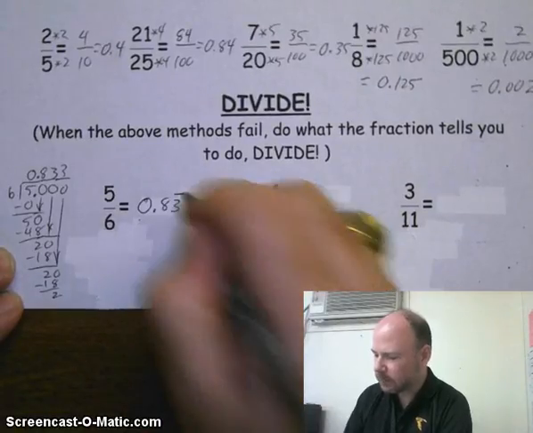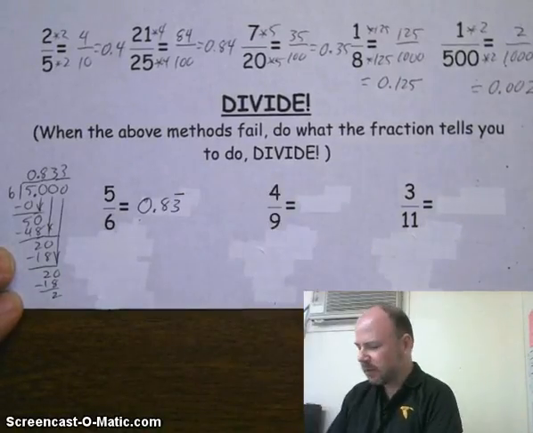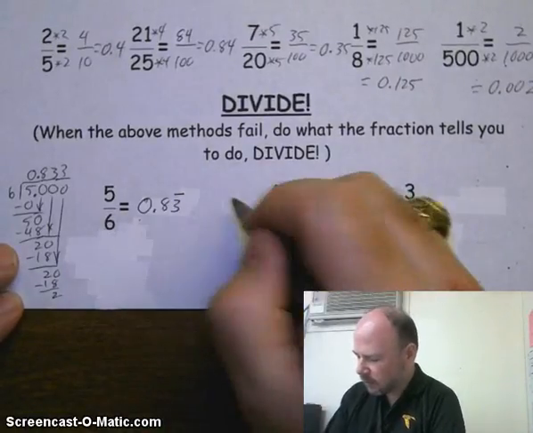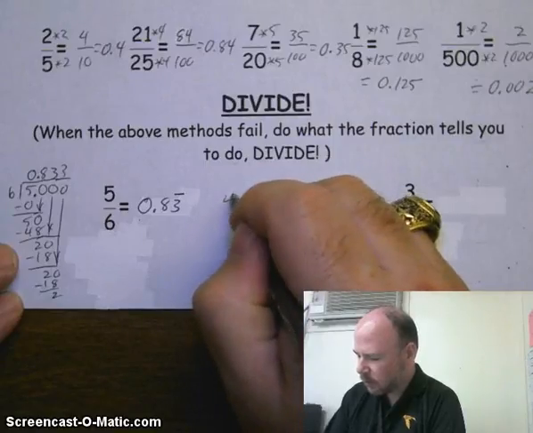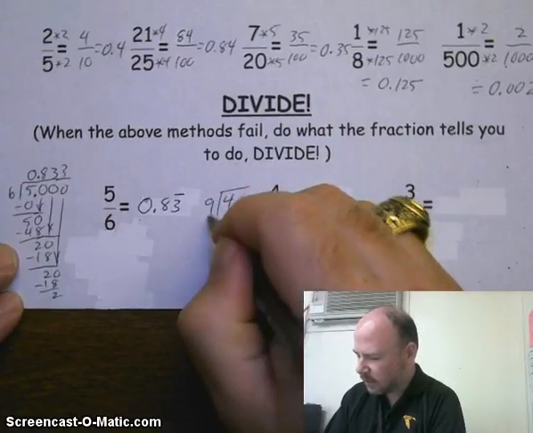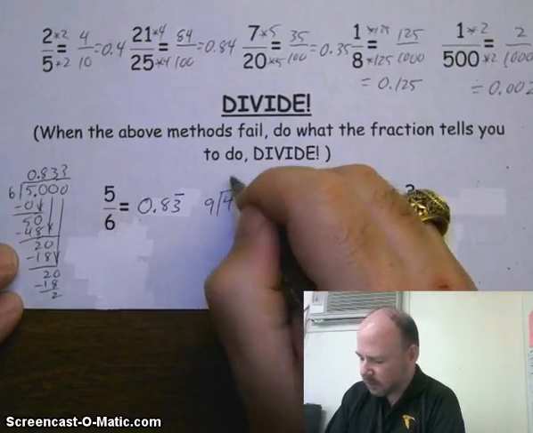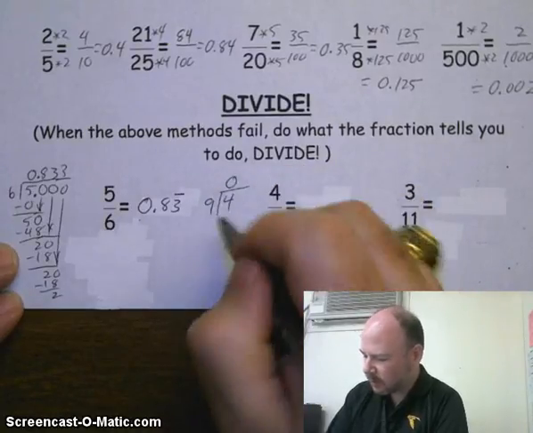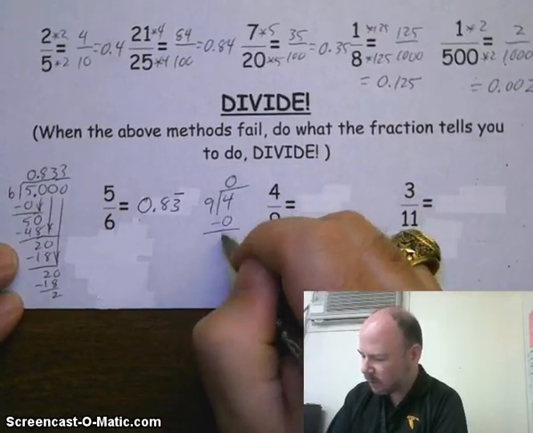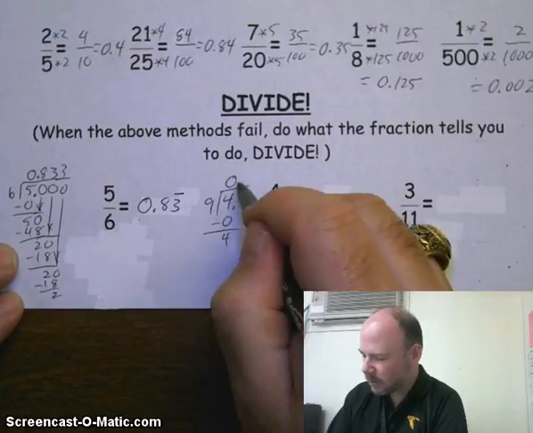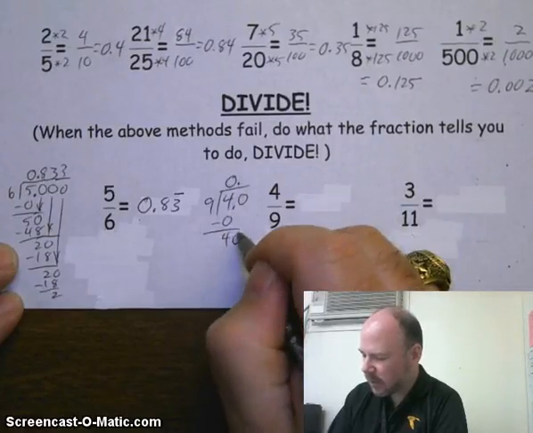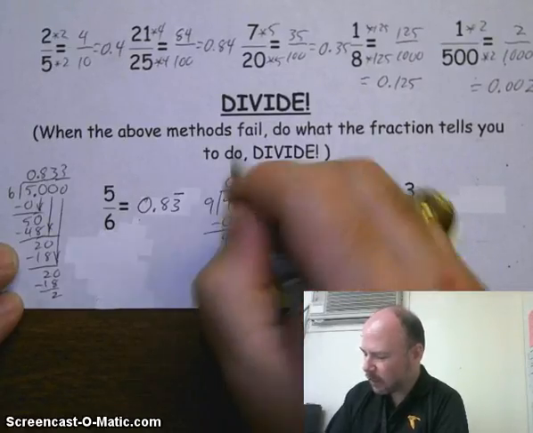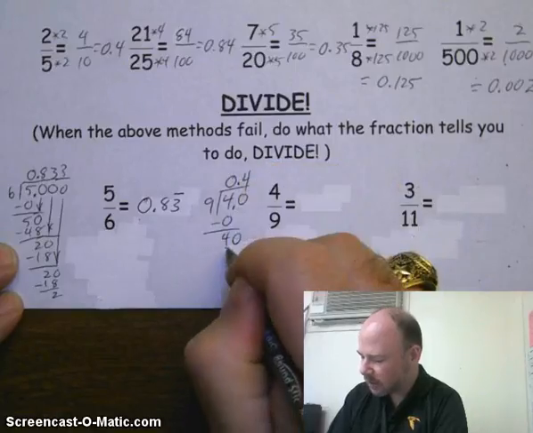We can do the same thing for 4/9. Okay, it's 4 divided by 9. 9 doesn't go into 4. You can't make a group of 9 if you only have 4. So 0 times 9 is 0, subtract, we get a 4, add the decimal, move the decimal up, add a 0, bring the 0 down. 9 goes into 40 4 times. 4 times 9 is 36.